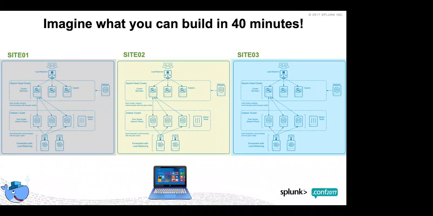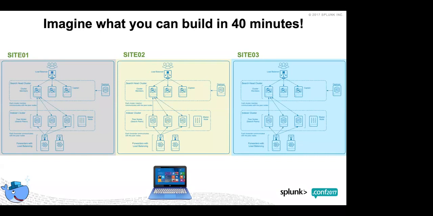Here's a diagram showing 3 full multi-site clusters, fully functioning, 100% operational. You can just take this and drop it in production, send data to it, and it would work. Literally, it would work. The 6,000 lines of code is all around troubleshooting, debugging, catching error conditions, and handling load issues.